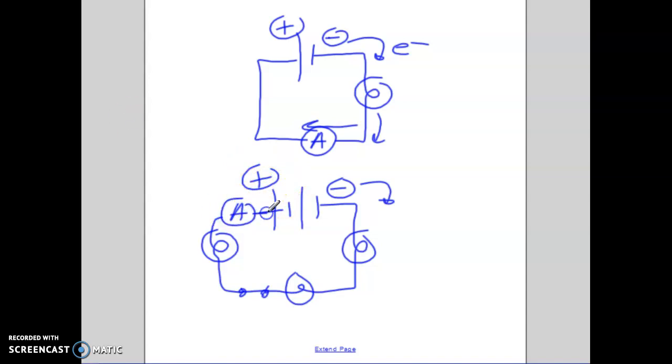So we would have to draw our ammeter there. But let's say it said measure the current after it exits the battery. Our ammeter should be over here. Or maybe we want to measure in between the first two light bulbs, or over here before the third light bulb. The ammeter really can be placed anywhere along the lines.